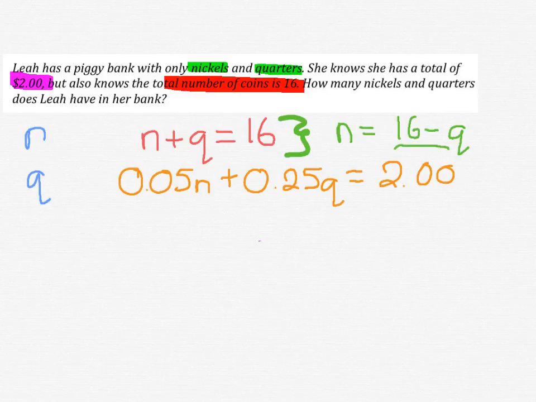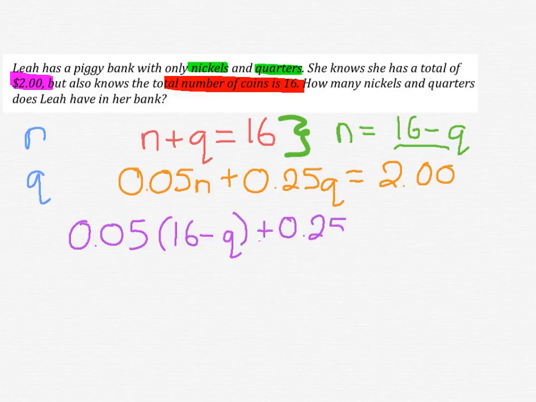Now, knowing that, and looking at our second equation, maybe I can replace this N with what it's equal to. That way, I'll have one variable, just the Q. So let's see what happens. I'm going to do 0.05, and instead of putting the N, I'm going to put what it's equal to: 16 minus Q, plus this 0.25Q, which I'm not going to change, and that's all equal to 2.